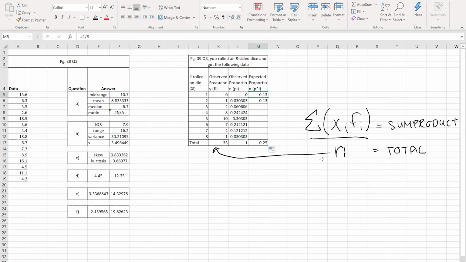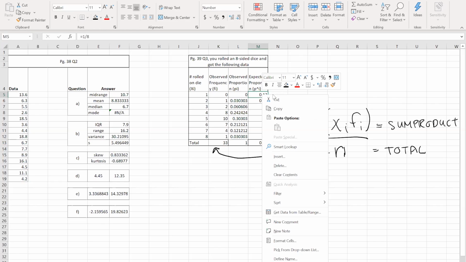Some people were having an issue when they typed 1 divided by 8, right? We're doing 1 divided by 8 because, as an 8-sided die, we expect to get each side 1/8 of the time. It's an equal die, equal probability of getting whatever side. When they did that, they got something like January 8th.